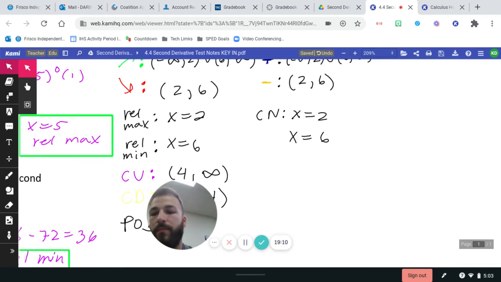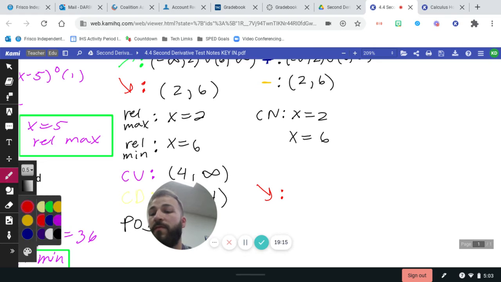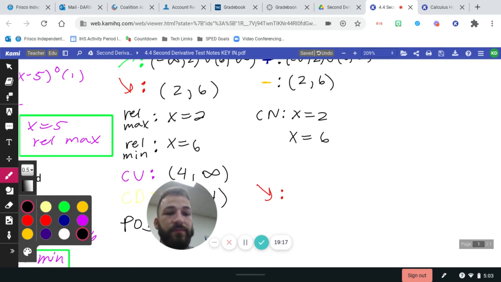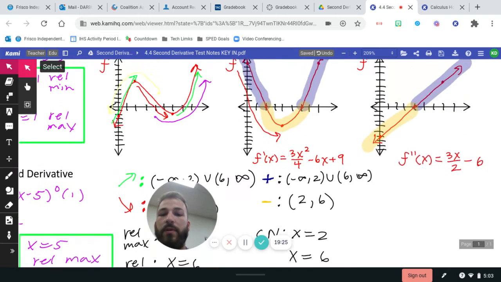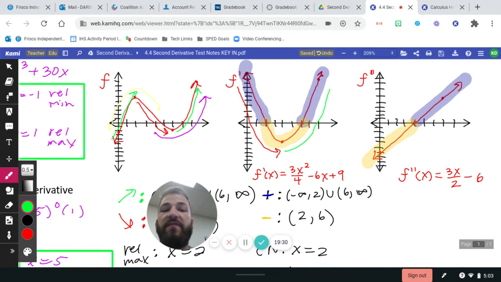So F prime is decreasing from negative infinity to 4, and F prime is increasing from 4 all the way to infinity, which lines up with when F double prime is positive.